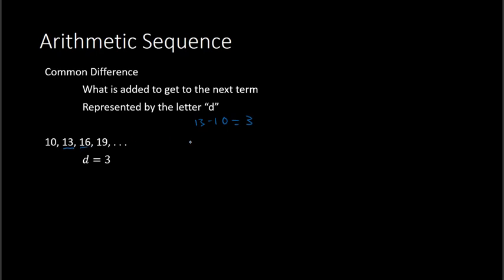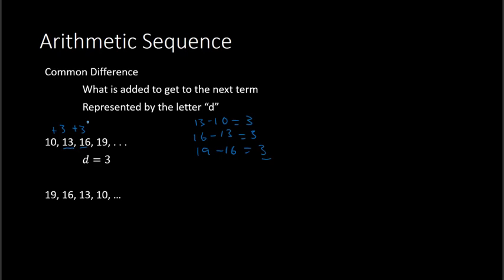If we took 16 and subtract the number before it, which is 13, we would get 3 again. 19 minus 16 is 3 as well, and the pattern keeps going. So when we subtract one term by the one before it, that difference is common. It is the same. And that common difference is 3. So that is where that number comes from. But maybe the easier way of thinking of it is asking yourself, what do we add to get from term to term?